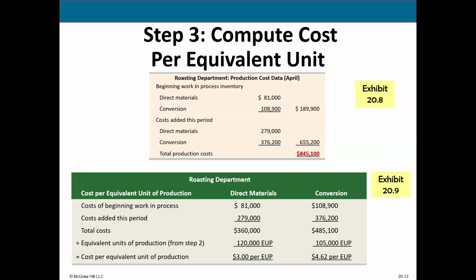Those additional costs added for the period come from the direct materials and the direct labor, as a part of the conversion cost. So direct materials is the cost added for the period for direct materials, and the conversion costs are the costs added for the conversion. So we take costs of beginning work in process inventory plus the costs added for the period equal the total costs. Then we divide that by the equivalent units of production that we got from step two. That gives us a cost per equivalent unit of production.